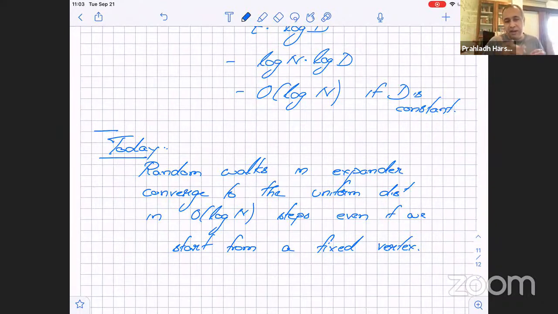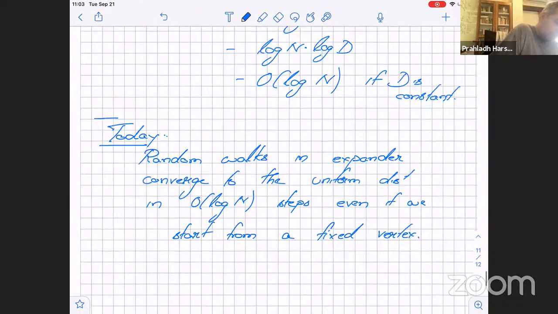They might be dependent, they are steps in a walk, yet together they will behave as if they are t independent vertices, not t consecutive steps in a walk. They will look like t random vertices in the graph.